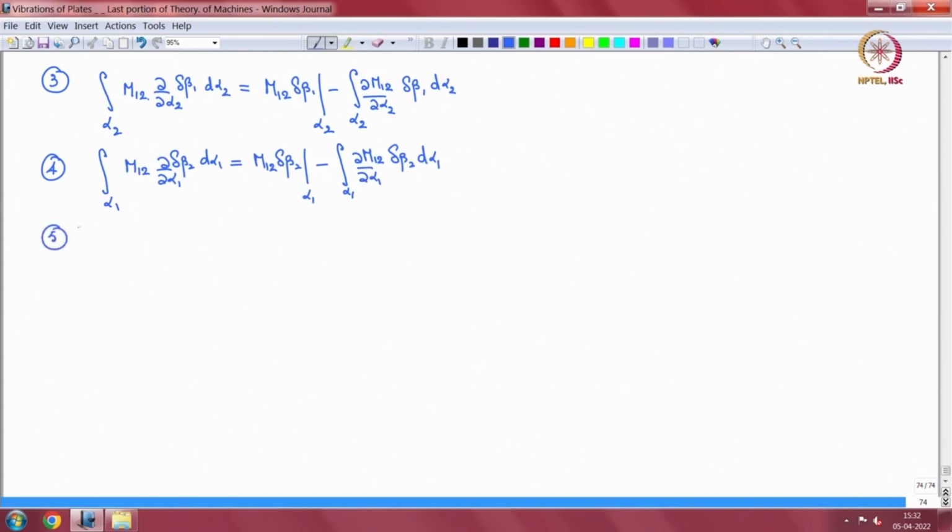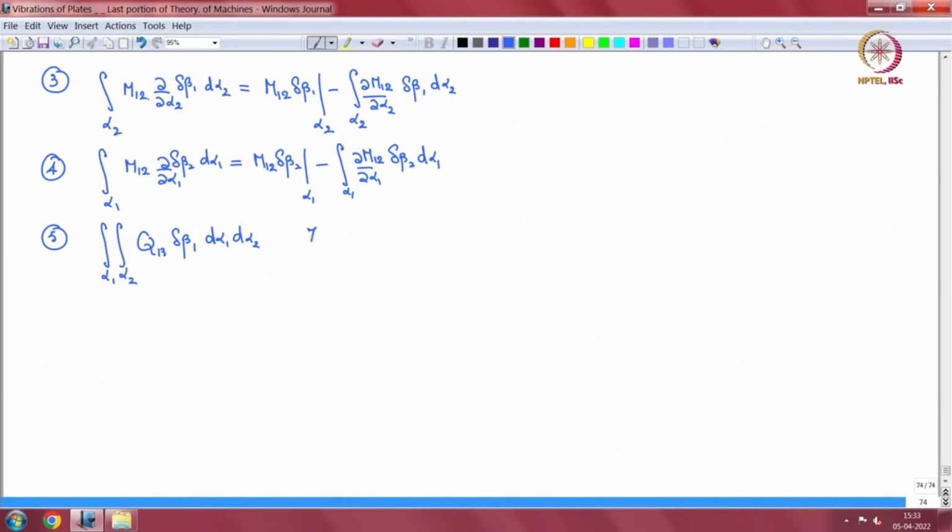Then 5 is the integral alpha 1 integral alpha 2 q13 delta beta 1 d alpha 1 d alpha 2. This remains as it is, you are not changing it. Okay.